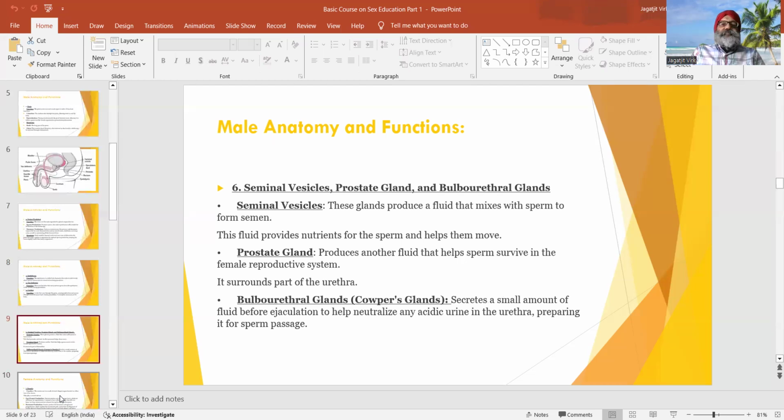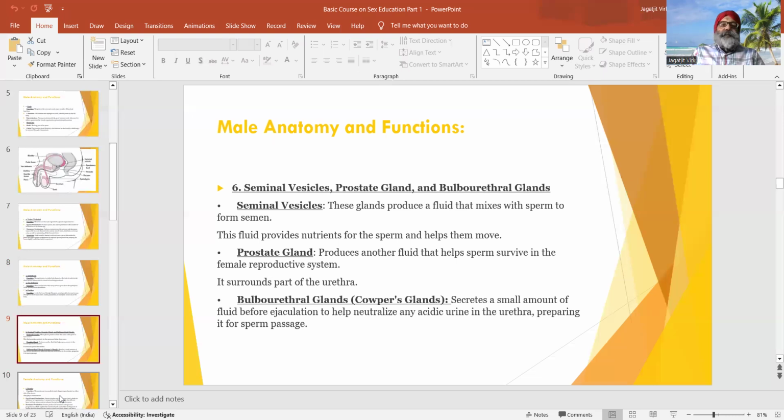Seminal vesicles, prostate gland, and bulbourethral glands. Seminal vesicles, these glands produce a fluid that mixes with sperm to form semen. This fluid provides nutrients for the sperm and helps them move. Prostate gland produces another fluid that helps sperm survive in the female reproductive system.